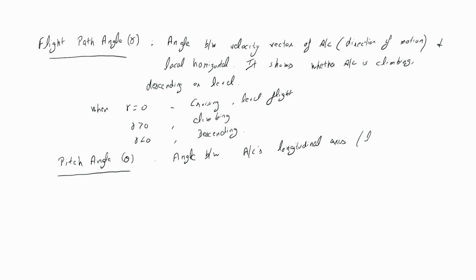Now which is the longitudinal axis? The line joining the nose to the tail. That is the longitudinal axis. So it is the angle between the aircraft's longitudinal axis and the local horizontal.